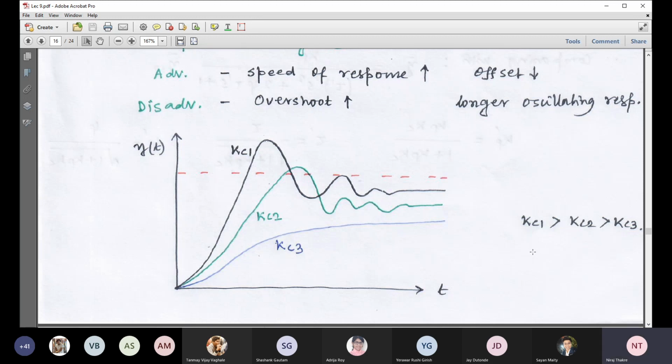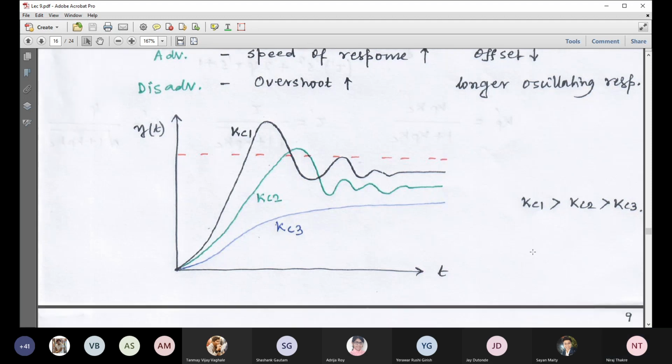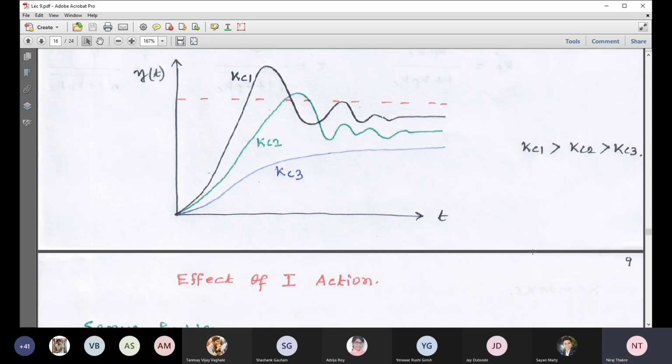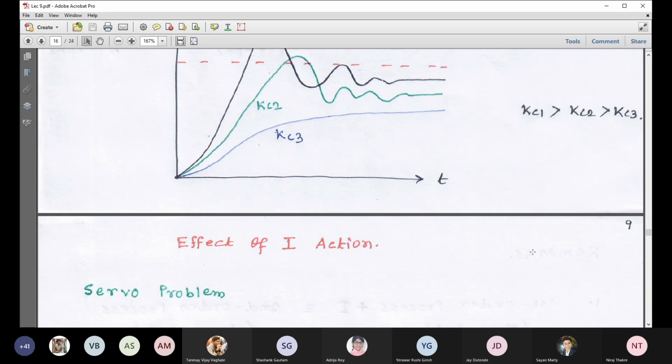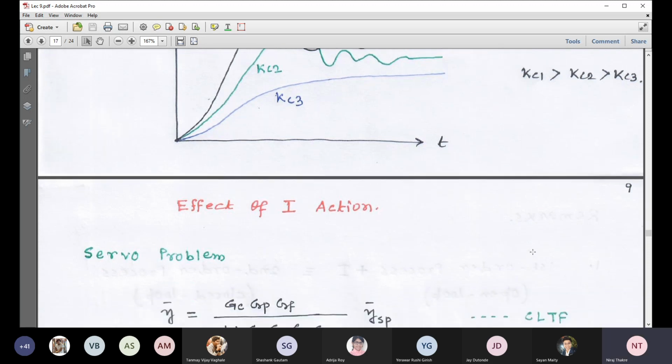We have discussed the offset, we have discussed the gain Kp, Kp prime, we have discussed the time constant tau p prime for first order case. All these are discussed today itself. Now further we want to extend this study to investigate the effect of integral action. Let us come to that topic, effect of integral action.